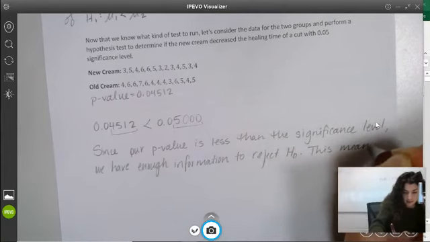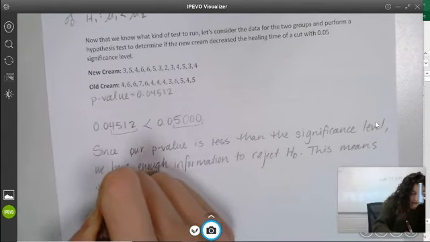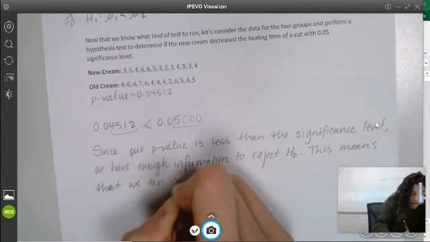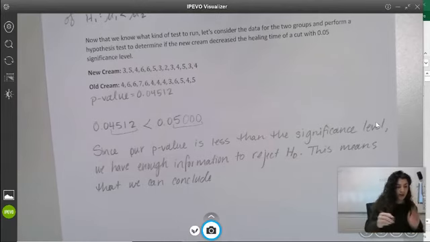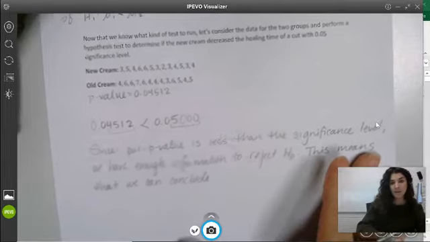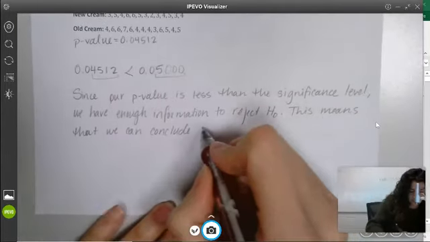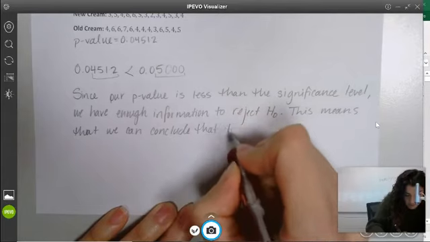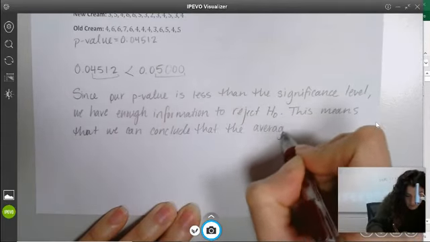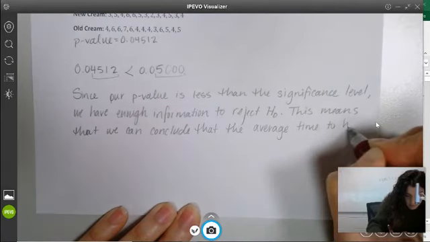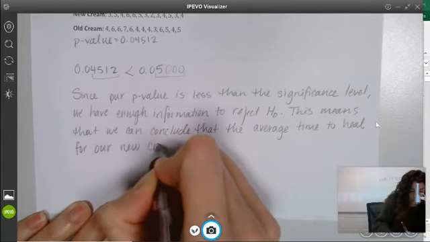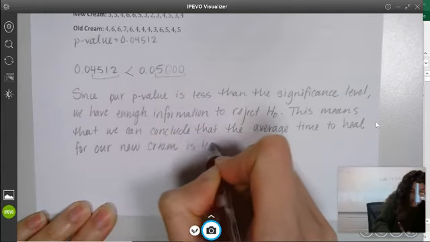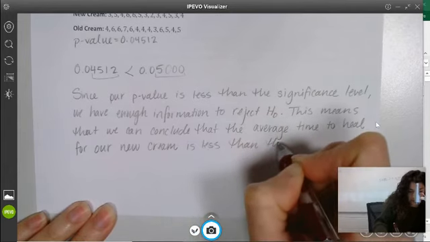This means that we can conclude that the average time to heal for our new cream is less than the old cream.